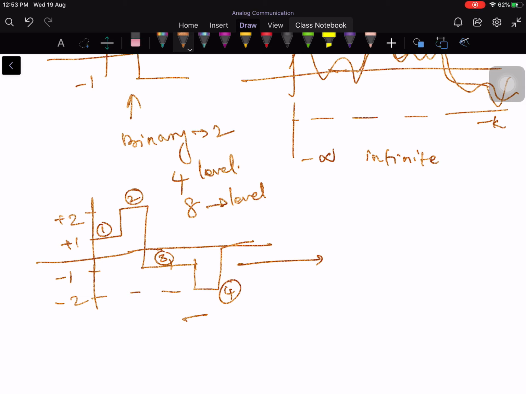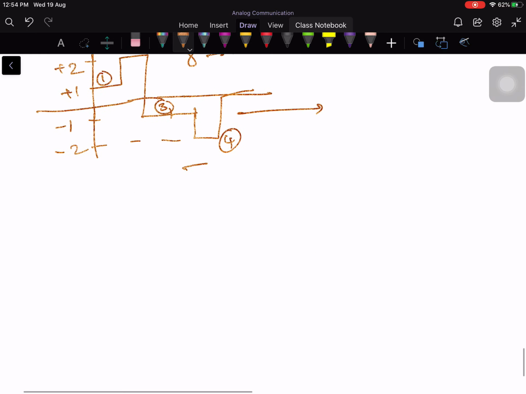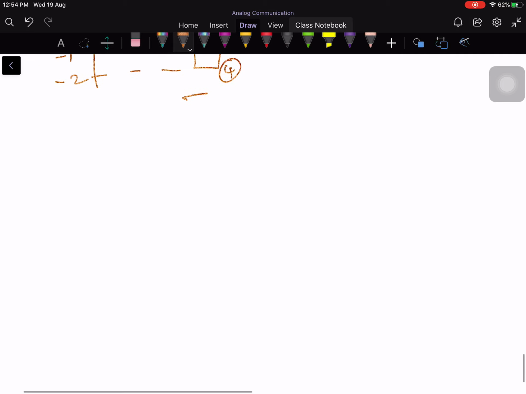So at the end of the day, you are going to transmit everything in terms of voltage, and the channel hardly bothers whether it is a continuous time signal or a discrete time signal. The channel treats the signal the same way irrespective of whether it is a continuous time signal or a digital signal. That is the thing we should remember, and we should match the signal with the characteristics of the channel itself.